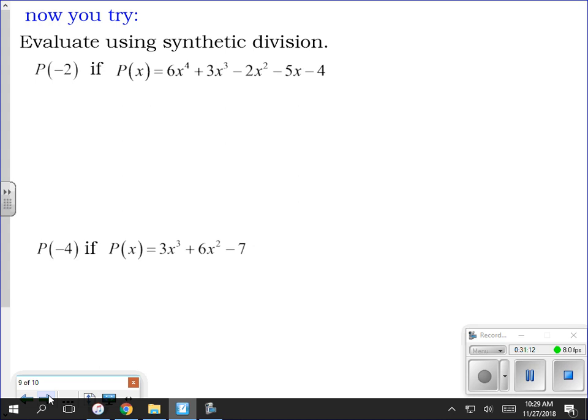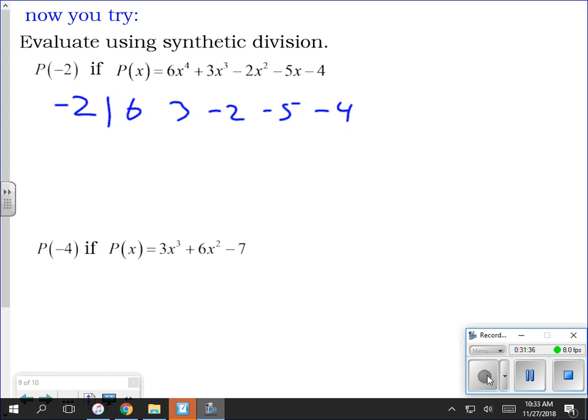Do those two. Okay, let's go ahead and do these. So when you're doing your first one, when you're evaluating, remember you don't change the sign of what's going in. Let's see, I have 6x to the 4th, 3x cubed, 2x squared, minus 5x, minus 4.